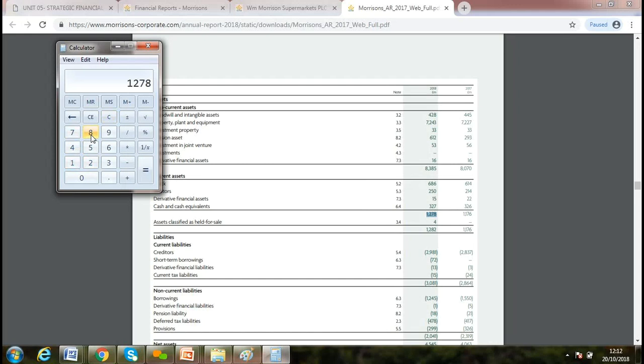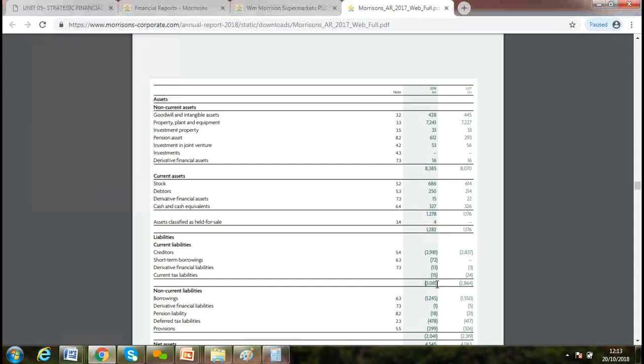So 1278, my current asset divided by my liability, which is 3081. If I divide it, it's coming to every pound of liability you have.